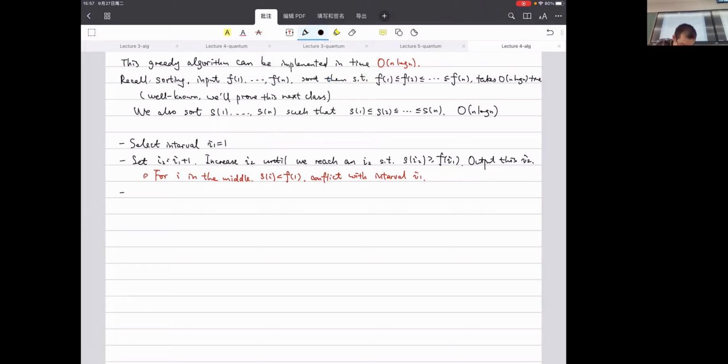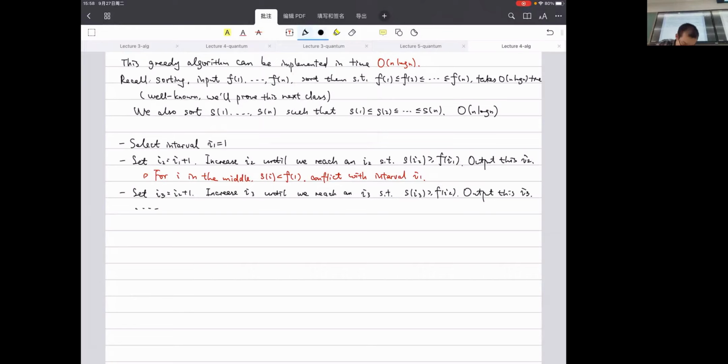And maybe let's go to the next line. For instance, we first set I3 equals to I2 plus 1, and we increase I3 until we reach an I3 such that Si3 is larger than or equal to Fi2, and output it.